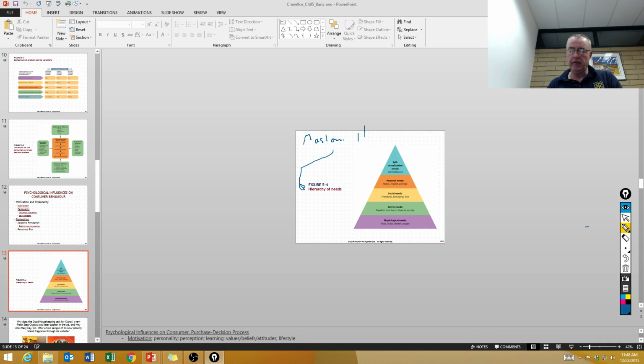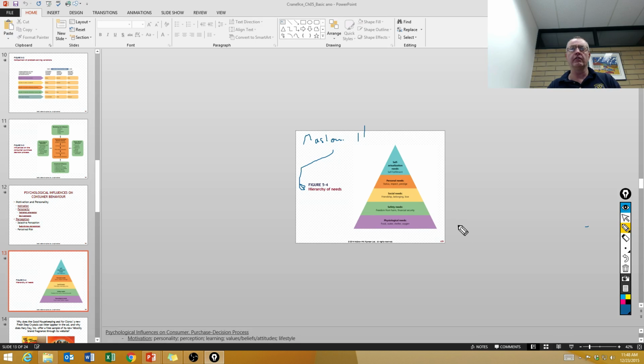Maslow's hierarchy of needs says humans have different types of needs that are arranged in a hierarchical relationship. And in order to satisfy one need, we need to satisfy needs at the lower levels first.